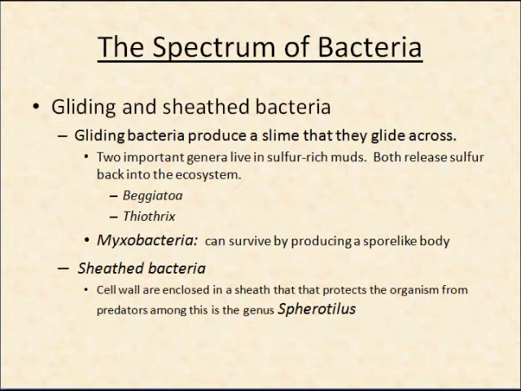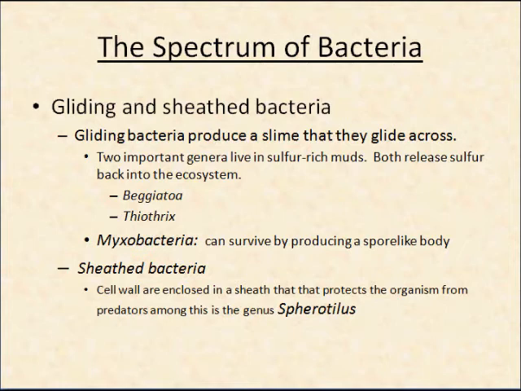Another group of bacteria are the gliding and sheath bacteria. Gliding bacteria actually produce slime, and their membranes undulate in such a way that they just kind of glide across this slime layer. It's almost like the movement of a snail. There are two important genera that live in some sulfur-rich muds, and these can break down these sulfur compounds and actually release them back into the sulfur cycle of the ecosystem.